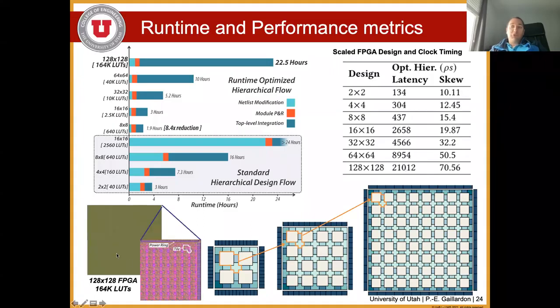And this is an illustration of a 164K LUT FPGA that we generated with our methodology. So this is a complete GDS view, right, where you recognize the tile I was just showing you in this picture, and you can see that everything gets very nicely replicated in a tile, in a grid-based architecture, guaranteeing again a good level of performance.